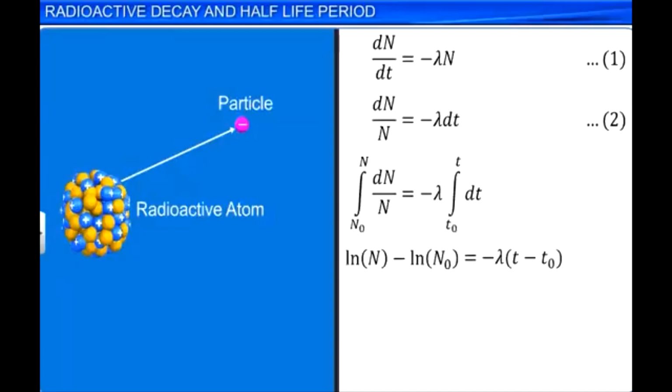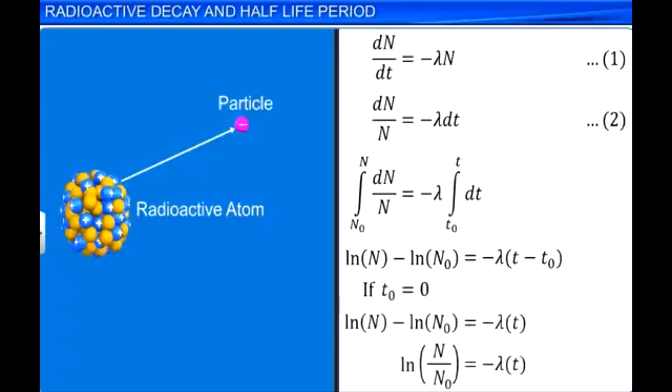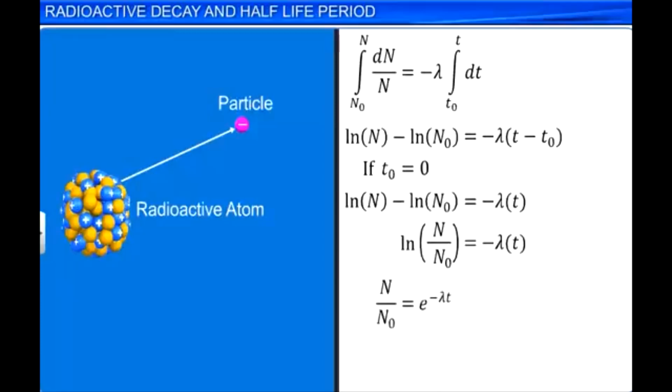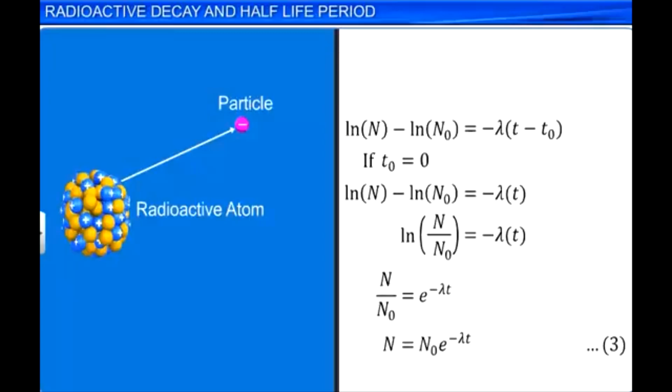If we take the initial time t naught as 0, we get log (N by N naught) to the base e is equal to minus lambda t. This can also be written as N is equal to N naught e to the power of minus lambda t. This equation is called the law of radioactive decay. Let this be equation 3.